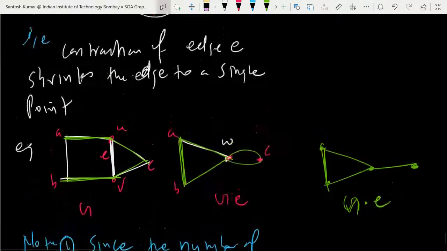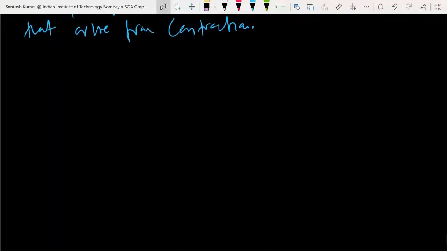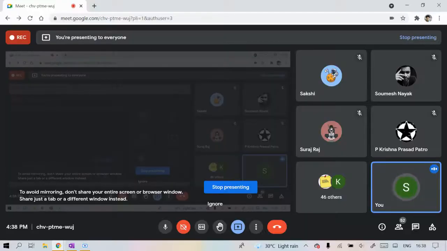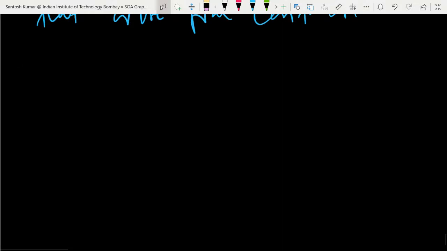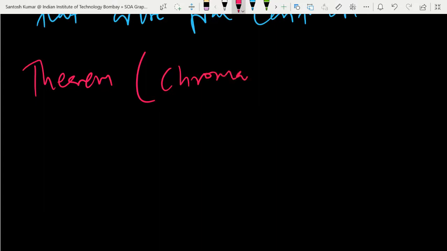So this was the contraction, you already know. Now I will come to the main point. The main result, you can call it a theorem or proposition, is the chromatic recurrence.